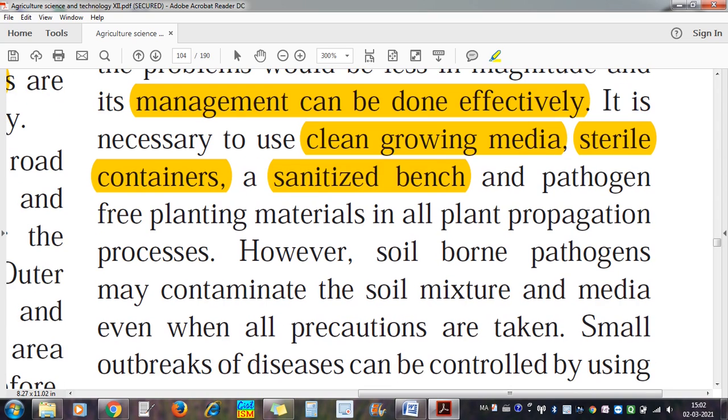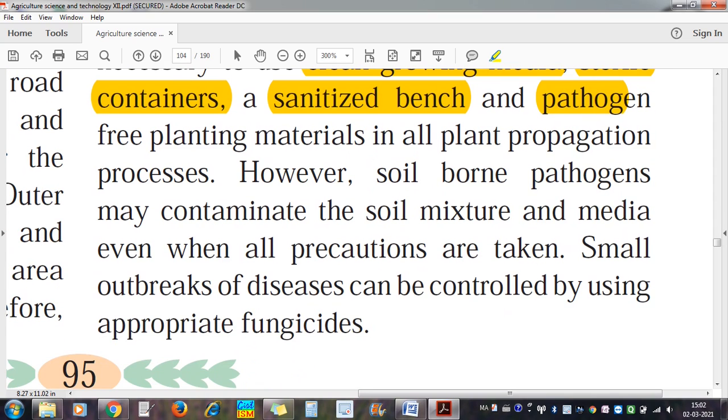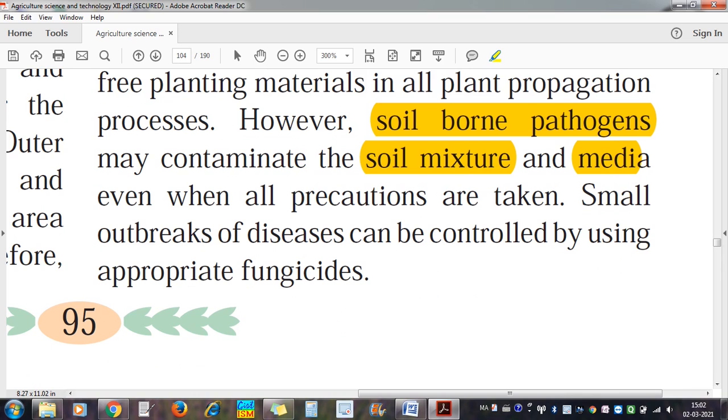So these things are to be taken care of. There are thousands of soil-borne pathogens which may contaminate the soil mixture and media. So sanitization is important, and all other precautions are to be taken. What is the purpose? This will avoid outbreaks of diseases. For that purpose, proper fungicides are to be utilized.